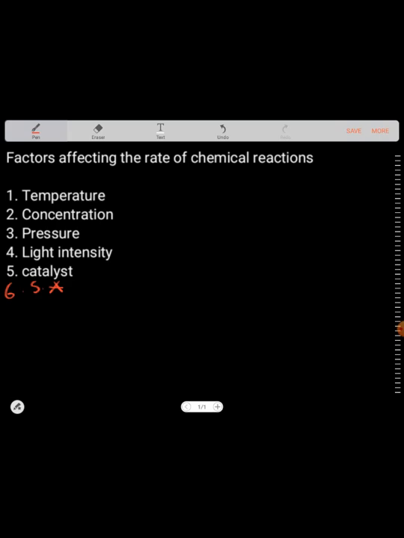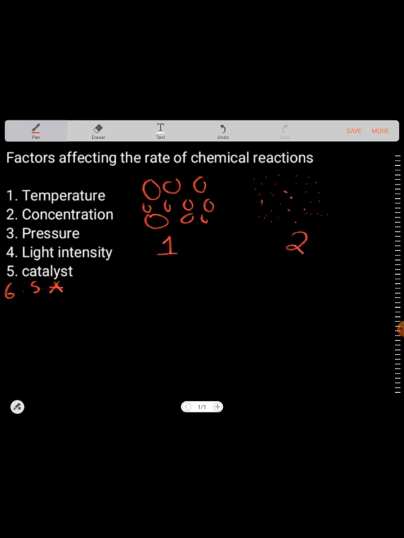When we talk of surface area, we are talking of how many particles are present at a certain volume. Now, surface area has to do with the particle size. If the particles are large, let me say this, and with these particles, when they are like this, let me call this one 1, let me call this one 2.